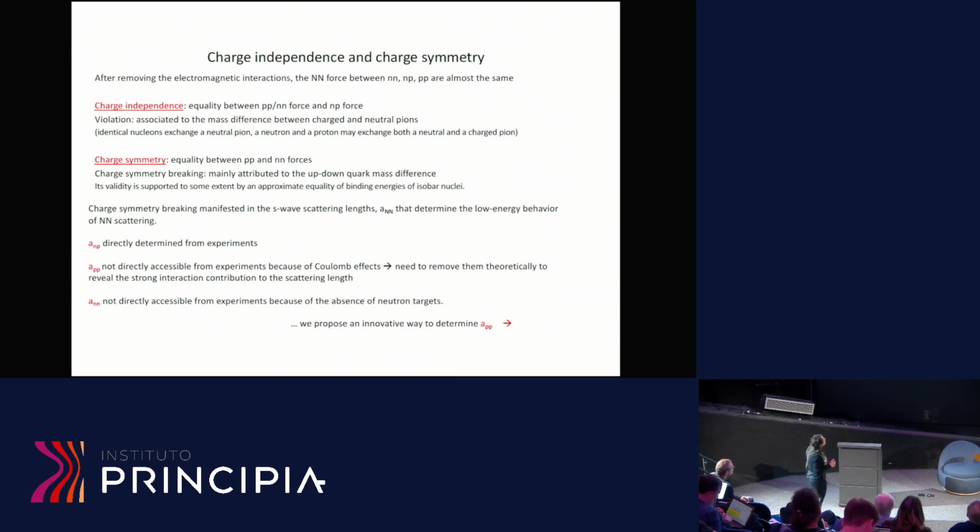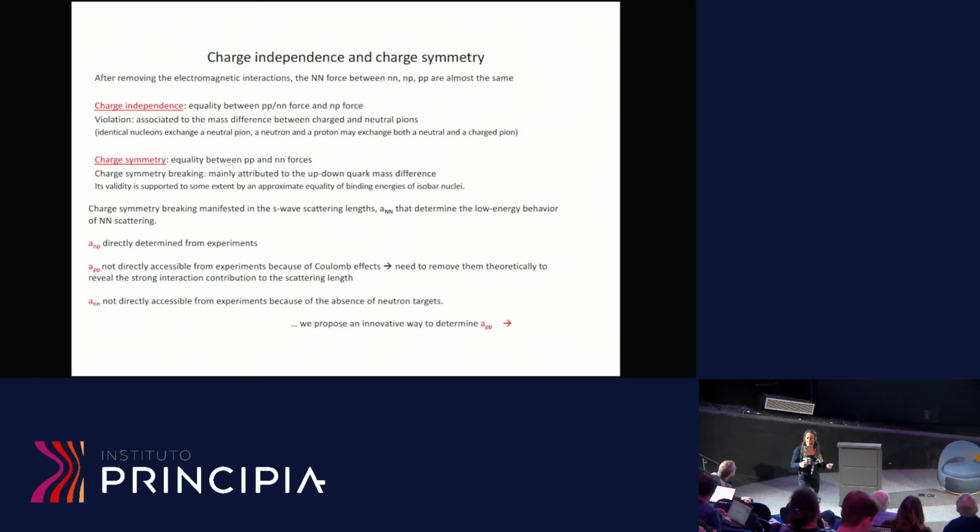Essentially, charge symmetry means equality between the proton-proton and the neutron-neutron force. And the charge symmetry breaking is mainly due to the difference in mass between up and down quarks. And a way to get into the charge symmetry breaking is to measure the scattering lengths.